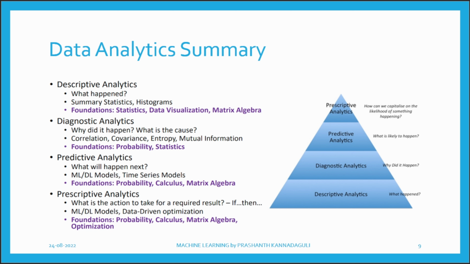You are trying to describe what is happening in that data. That's all. Now, from the same data, if the question asked is not what happened but why it happened and what is the cause behind that, then your analysis is called diagnostic.